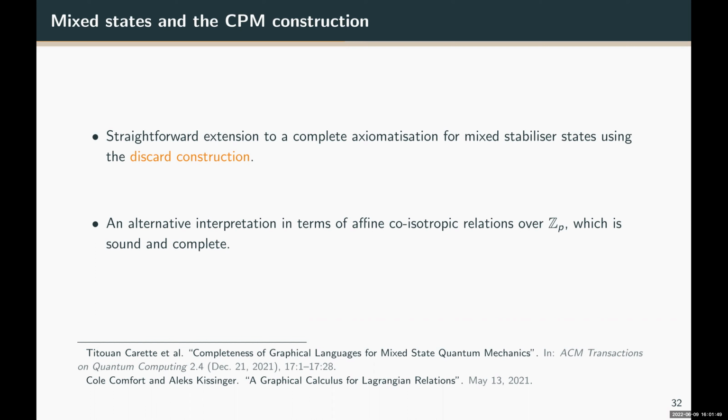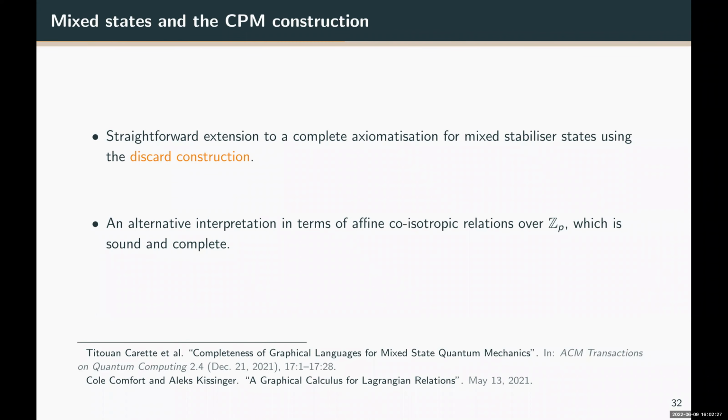Another pair of results which are in the article, but which I don't really have time to go into in any depth. Firstly, we use a construction that Titouan and Renaud and Simon developed for axiomatizing the CPM construction given the ZX calculus, which they called the discard construction, and which involves extending the calculus with a single generator, which is just a generator for discarding.